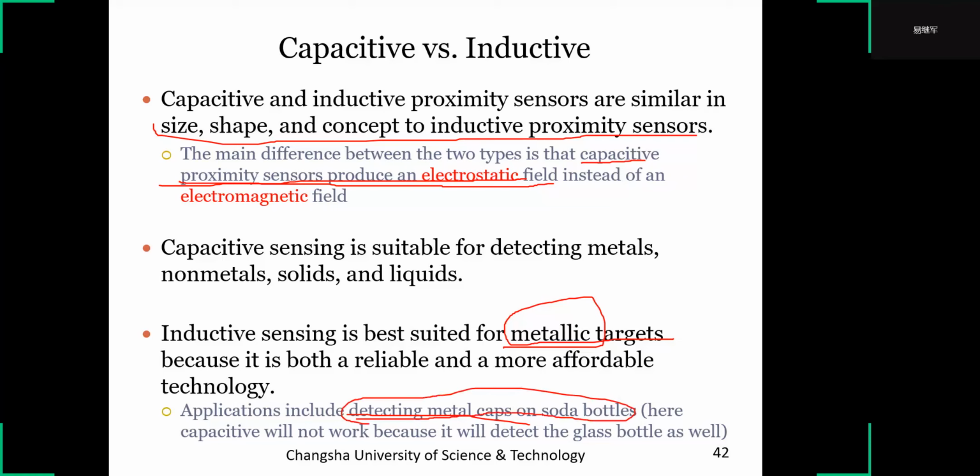Here, capacitive will not work because it will detect the glass bottle as well. If we want to only detect the caps, we use the inductive sensor, inductive sensing.